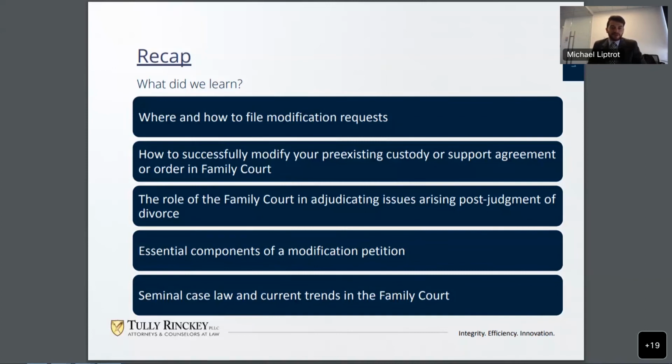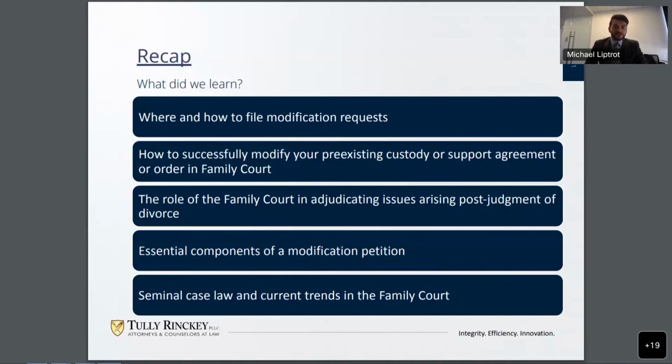The role of the family court in adjudicating issues post-judgment divorce: the family court is imbued with authority to modify Supreme Court decisions, the judgment of divorce, but only to the extent that those areas are under the Articles of the Family Court Act. So they're not dealing with the sort of financial, maybe equitable distribution, retirement assets, that kind of enforcement, post-judgment issues of divorce. That's going to remain with the Supreme Court.